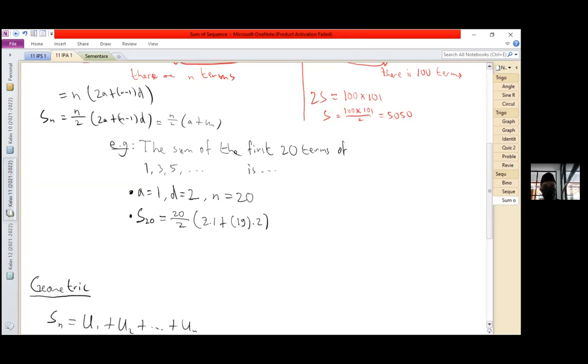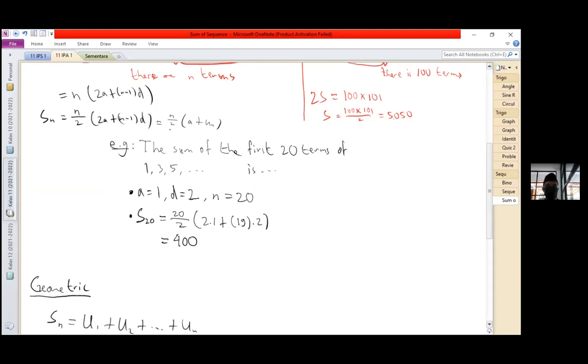This is 400. So you can get the sum quickly by using the first formula, because you have A, you have n, you have d, and you can use it directly.